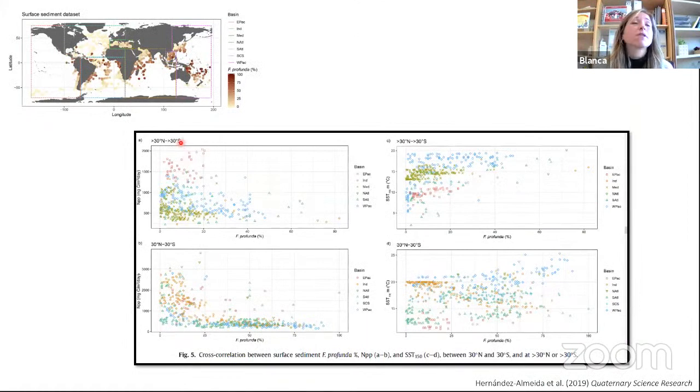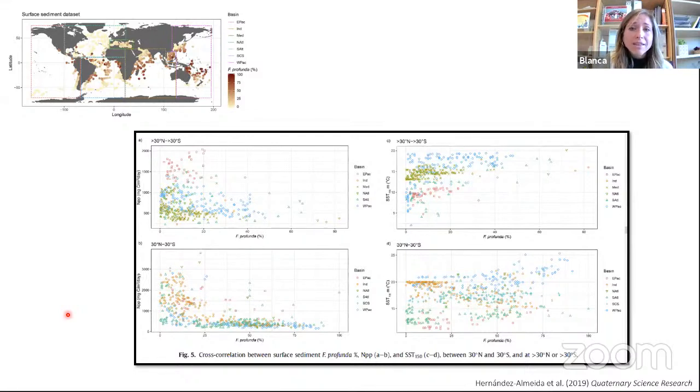Spatial distribution of Florisphaera profunda relative abundance clearly shows decreasing values towards higher latitudes in both hemispheres. Net primary productivity and sea surface salinity are highly correlated to the distribution of Florisphaera profunda in surface sediments. And this is because these two variables relate to the position of the nutricline in the case of net primary productivity, or the stratification of the water column in the case of sea surface salinity.